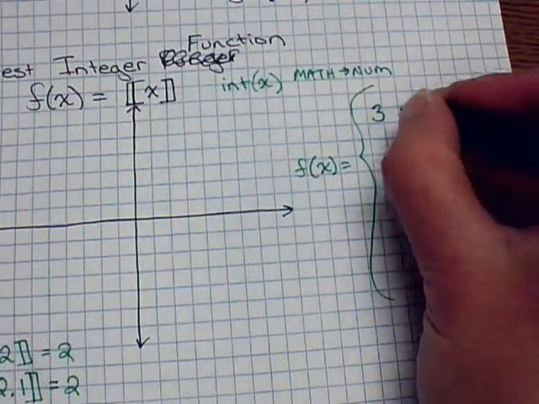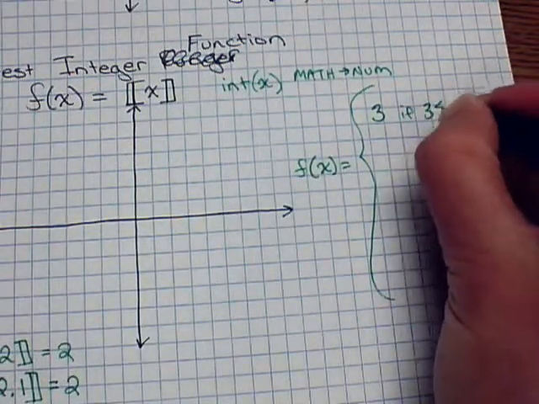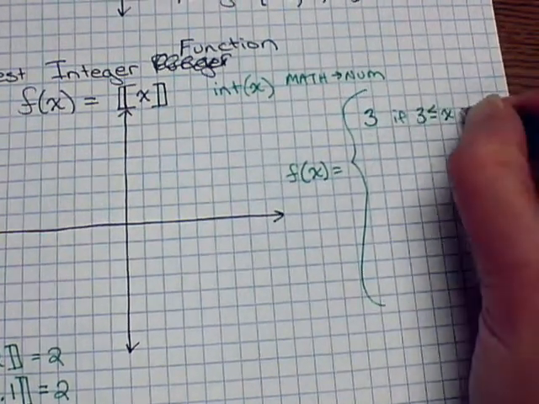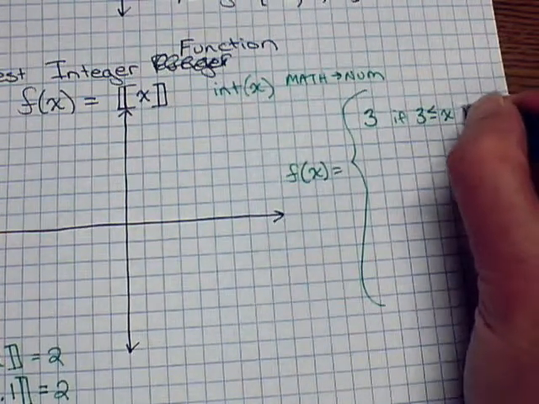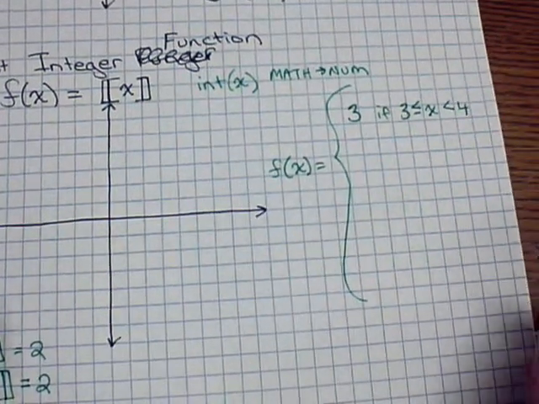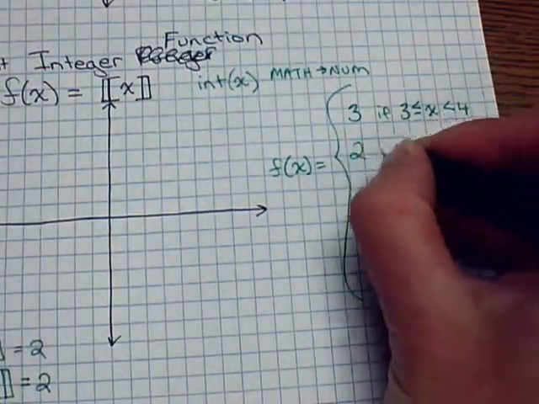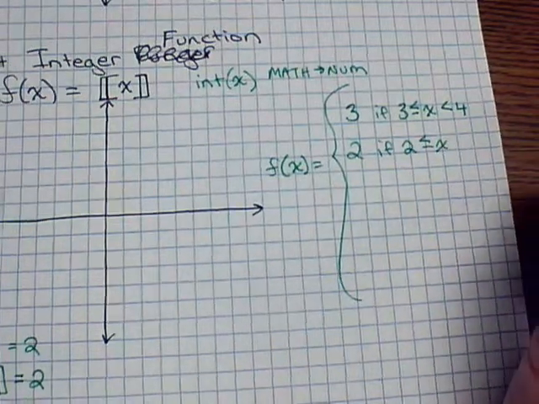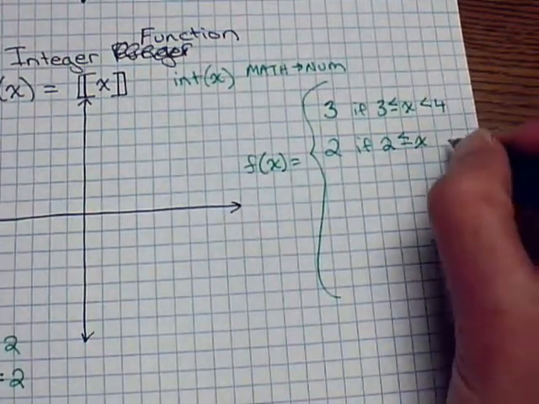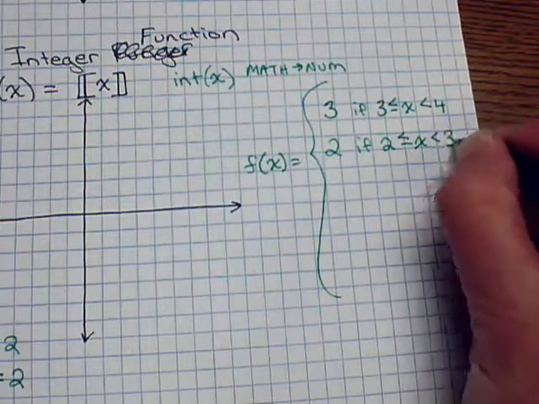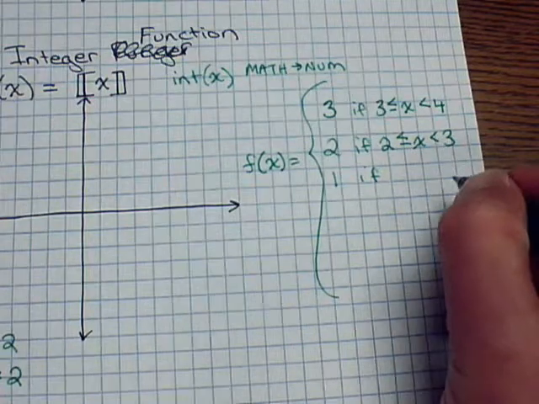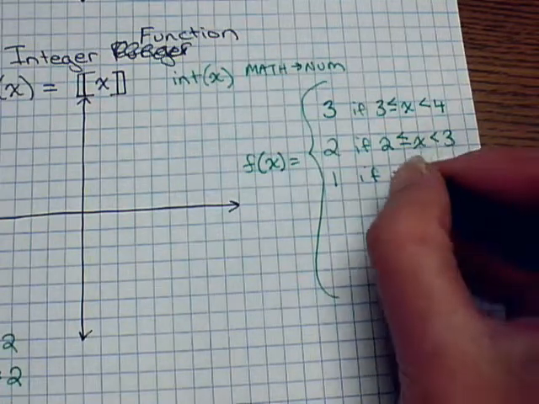When do you think that's going to change? Well, it's going to change. I know 3.9 will still give me a 3, so it's going to change right before I get to 4, because that's when it's going to jump. Now 2, we looked at that. It started at 2 and went up to 2.9, and I bet 2.99999. And then when you got to 3, you jump. So it's going to be at each integer that we jump.